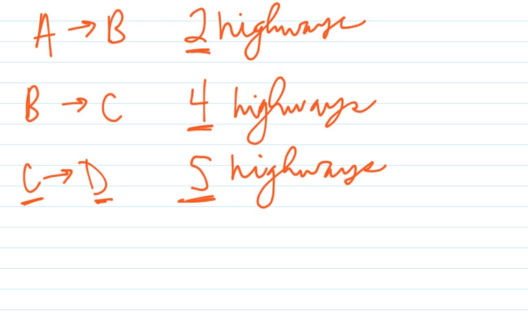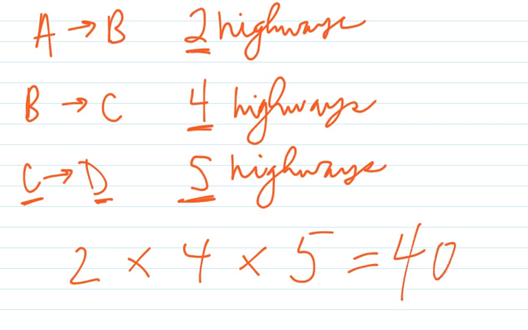So if we have 2 options of how we get to B, and then we have 4 options of how we get from B to C, and then we have 5 highway options from how we get from C to D, we just take 2 times 4 times 5, which equals 40 possible routes, or routes, depending on how you say it.